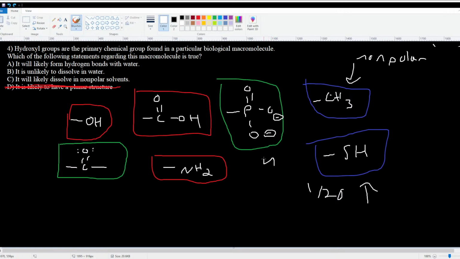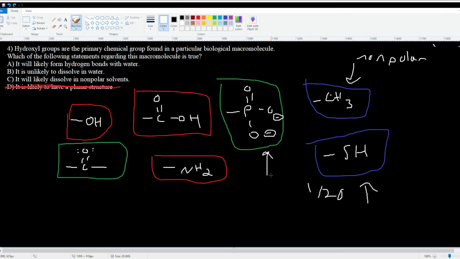So how about a phosphate? Phosphates are often just abbreviated as a P with a circle around it, or with a P, or Pi, standing for inorganic phosphate. The cool thing about phosphates is that they have these two negative charges, right? What do these do?